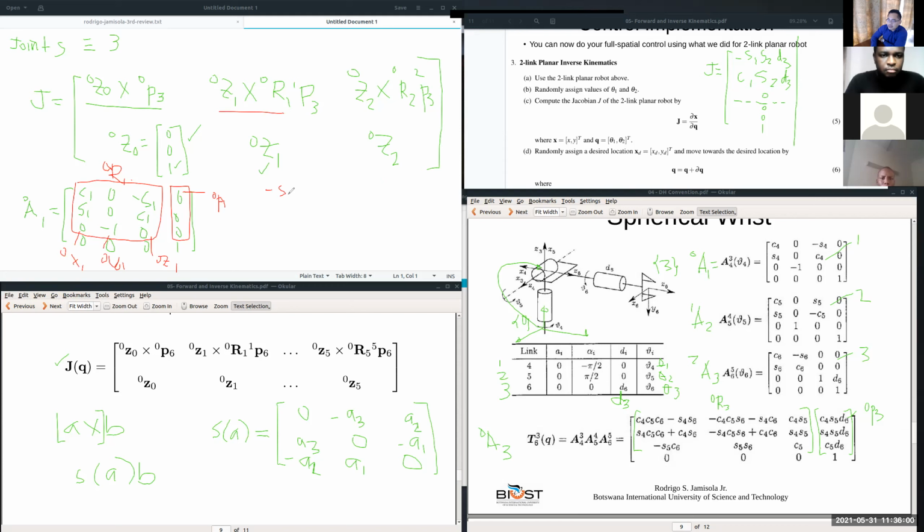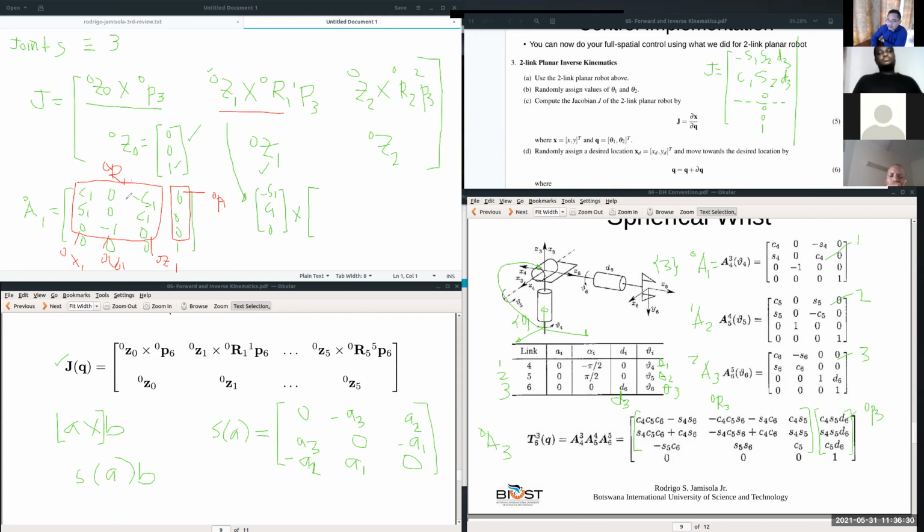minus S1. Okay, sorry, let's use the green color. So 0Z1 is minus S1, C1, 0, cross with 0R1.